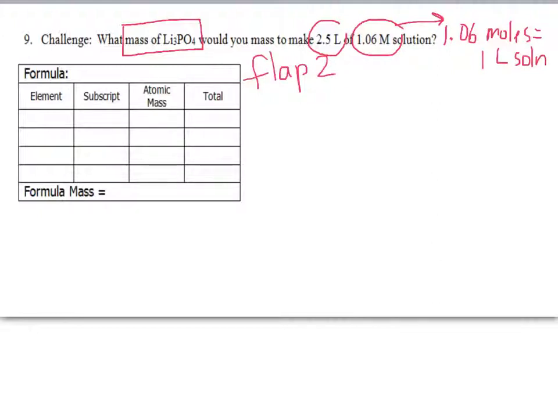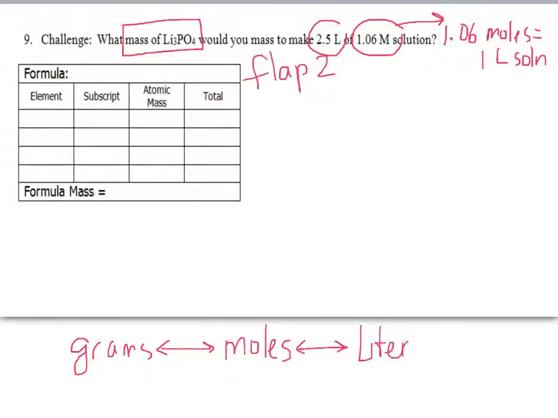So I'm going to write something here at the bottom of this slide, and I recommend actually that you put this on the back of your foldable. This is the path that you can go for flap 2. You can go from grams to moles to liters into milliliters.